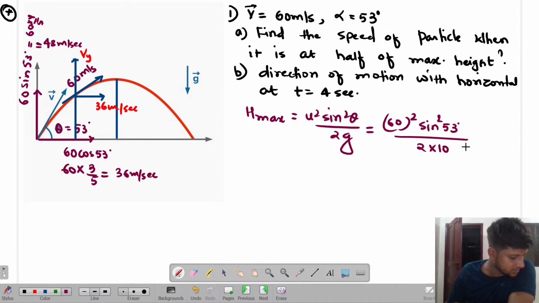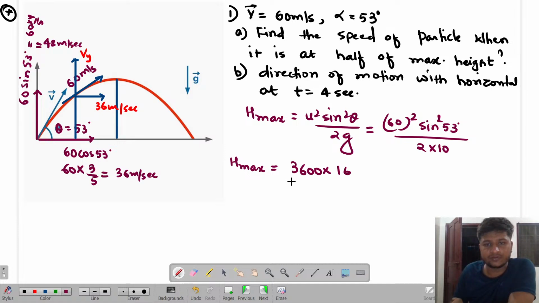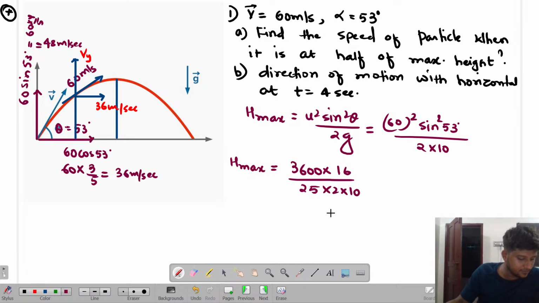So how much will this come? Sine square 53, sine 53 is 4 by 5. So you can write h max is equal to 3600 into 16 by 25 into 2 into 10, isn't it? That is my h max. Are you able to get me or not? Clear?